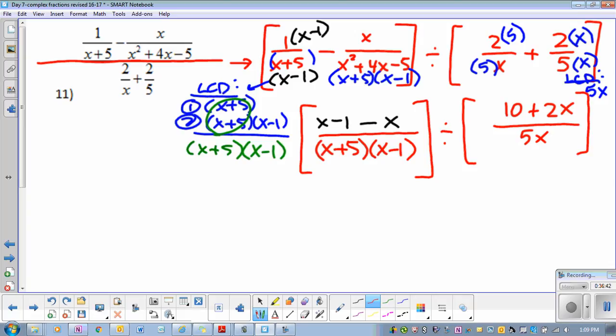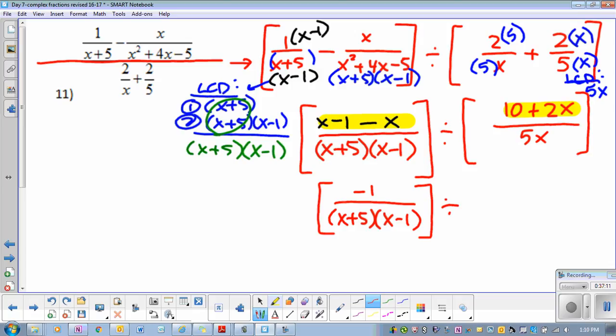So now, all right, I need to combine like terms right here. And I actually need to do something over here too. What is it? Yes, GCF. Finally, the GCF, right? So this turns into x plus 5 times x minus 1. What is this? x minus x is what? 0. And then minus 1, right?